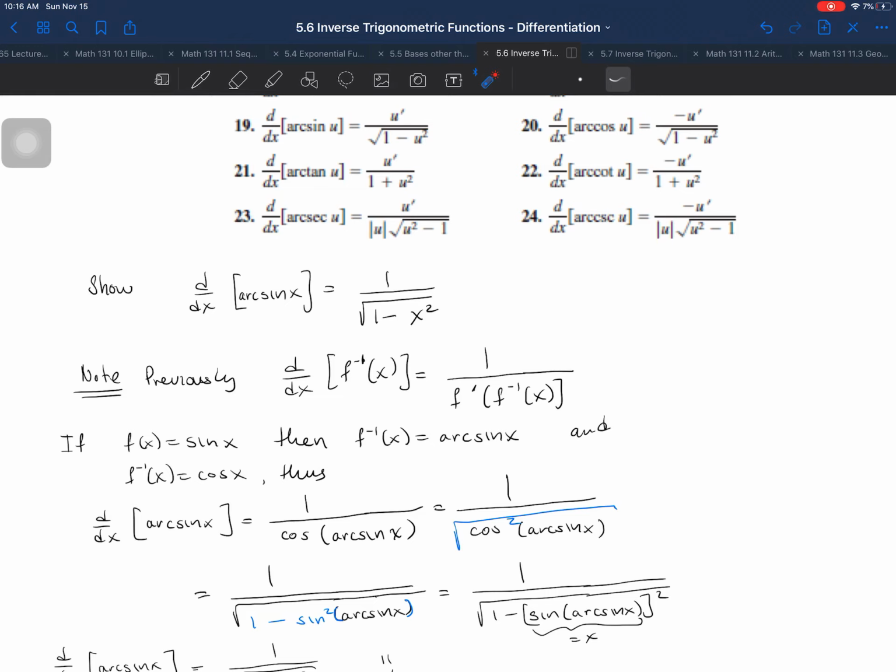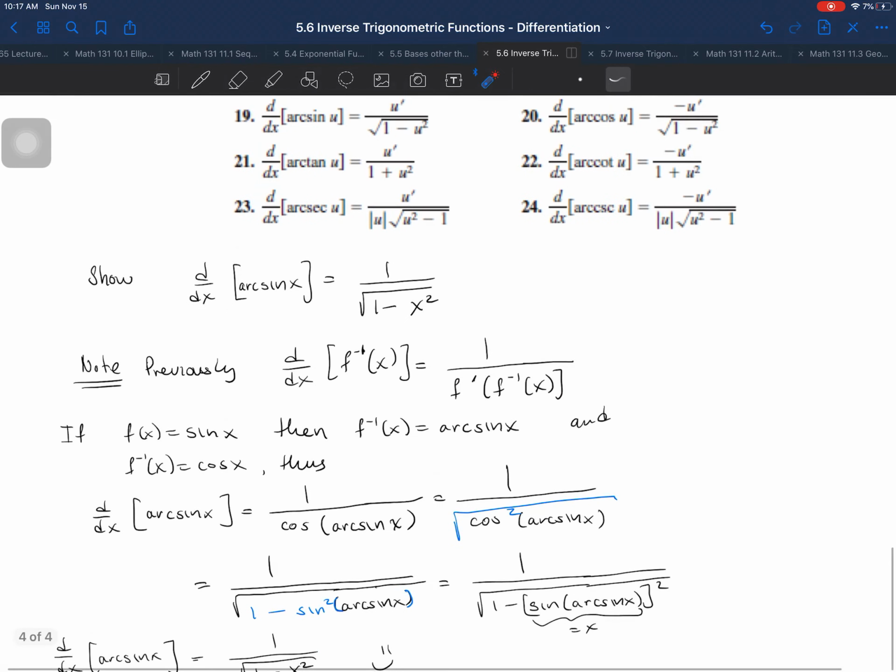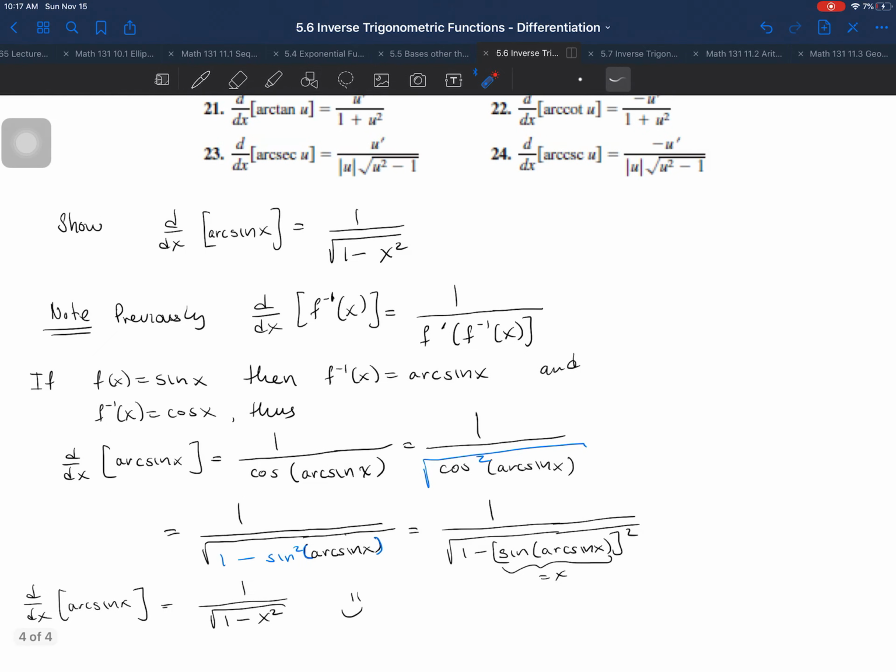And what we're gonna use here is the previous result from the last section that says that the derivative of the inverse function is 1 over the derivative of the original function, evaluated at the inverse function, right? So I'm using that formula, but what do we need? We need to know what's the original function. The original function is f of x, which is sine of x. Then the inverse function of this will be arcsine of x by definition.